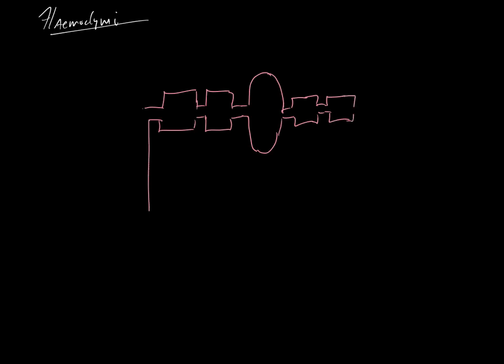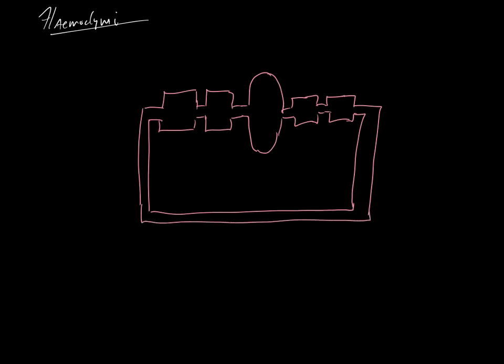And then I have got my peripheral. There we go. And then I'll just label these. So this is the right atrium, the right ventricle, the lungs, the left atrium, the left ventricle.